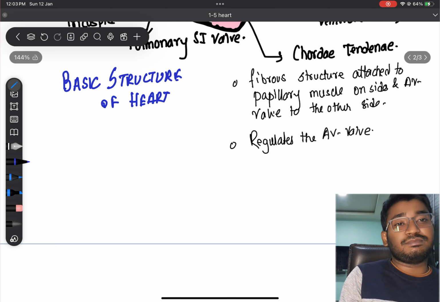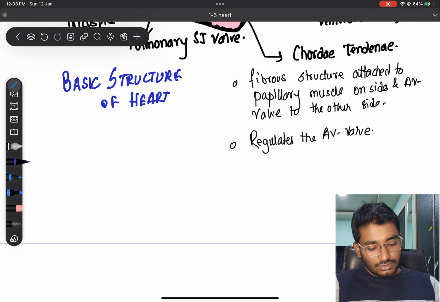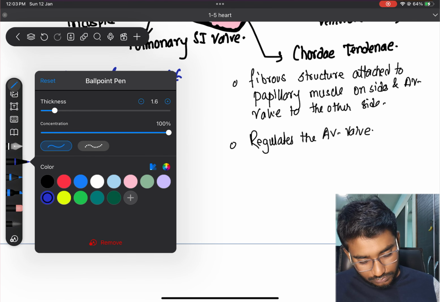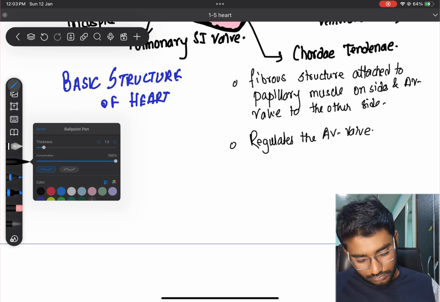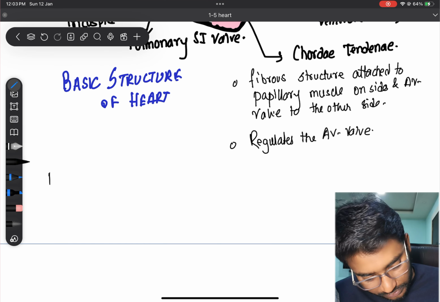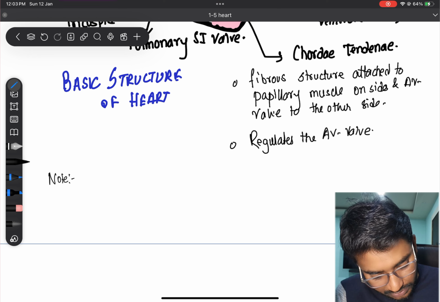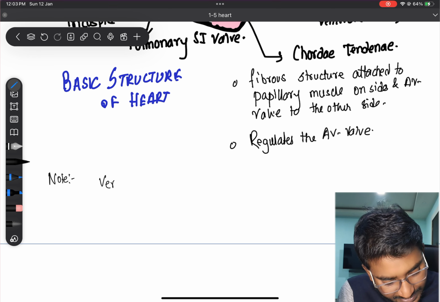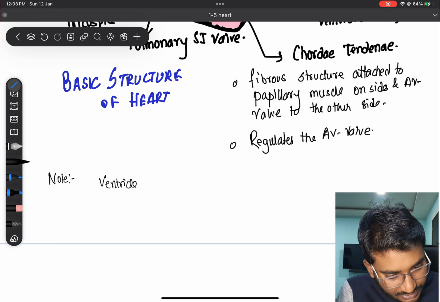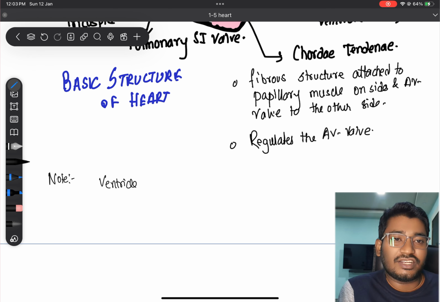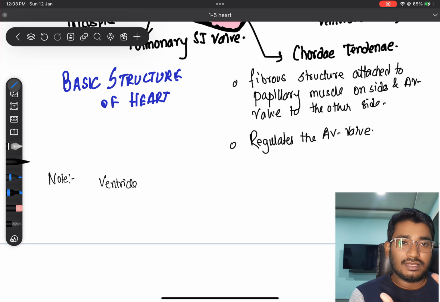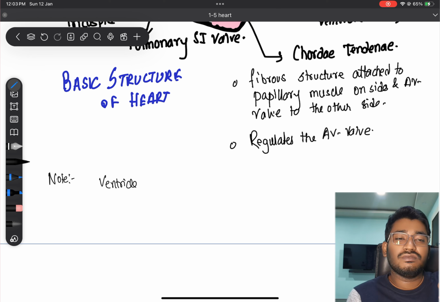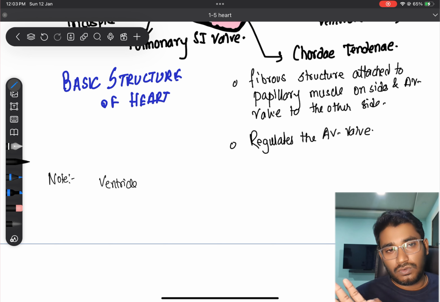Now come to the next part. Take a note of what you have to write. Ventricles have a much thicker wall than the atria because they need to pump the blood, and so much pressure is generated that the blood flows from the brain to the toe.